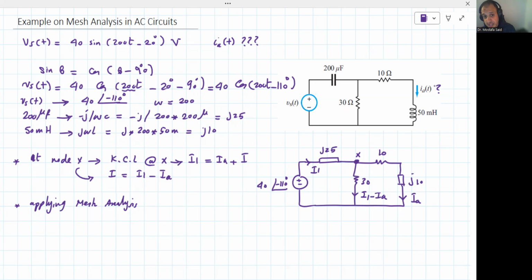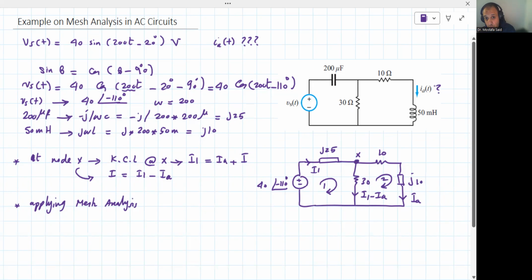Then we're going to have some linear equations in some unknowns, and of course, the number of unknowns should be equal to the number of equations. Then you solve these equations together and you get the unknowns. So we have here two meshes, mesh 1 and mesh 2.